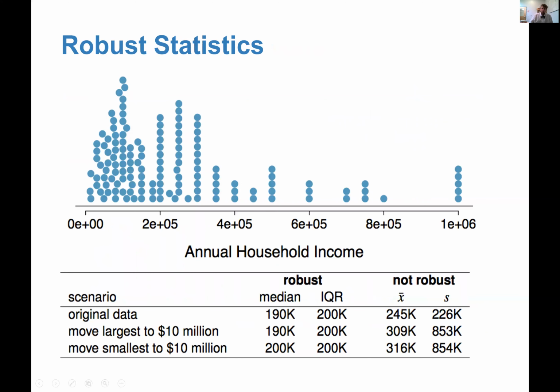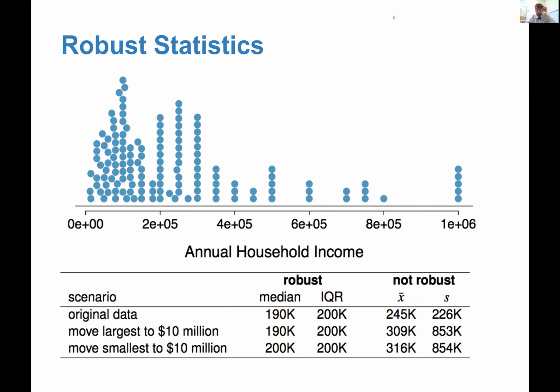Well, the median and IQR are barely affected. With the original data, if you move the largest to 10 million, or move the smallest to 10 million, the median is still roughly 190,000 to 200,000. And the IQR is still 200,000.